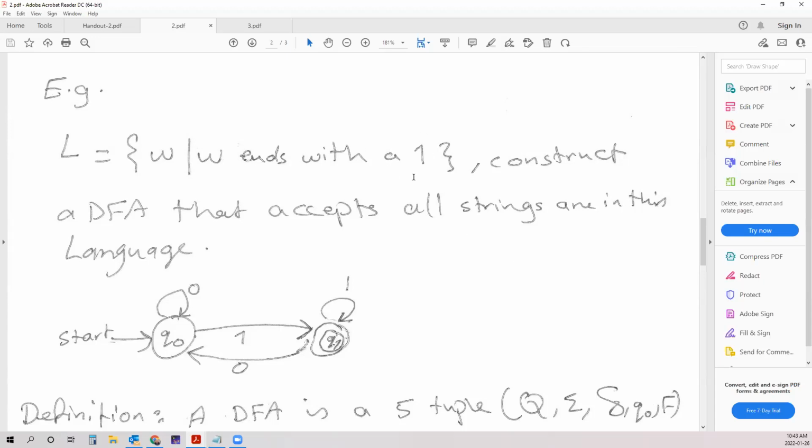The state that ends with a 1 should be the final state. At the start state, whether I receive a 1 or a 0, I will continue.